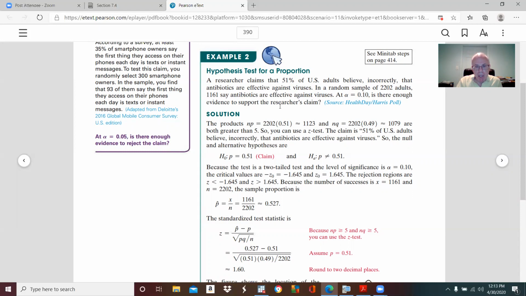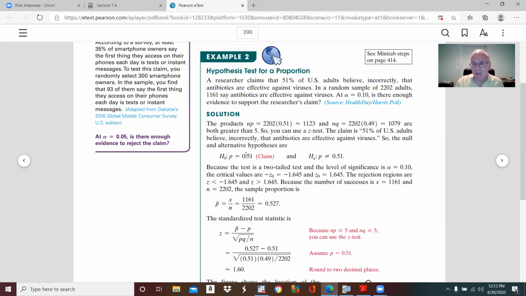Now, this is actually not really correct, the way we stated it here. Since the claim is the null hypothesis, what we're really asking is: is there enough evidence to reject this claim? We can't really say is there enough evidence to support the researcher's claim, because remember, in hypothesis tests, we're either going to reject the null hypothesis or not reject it.